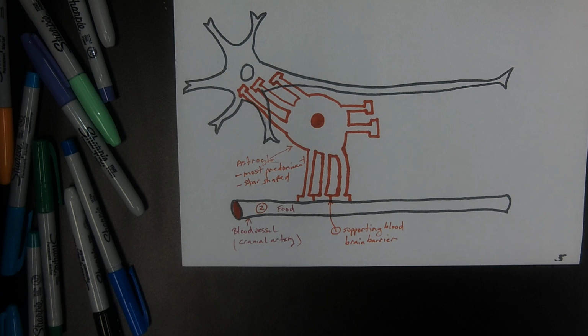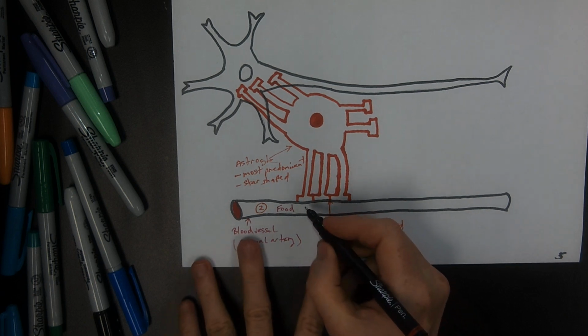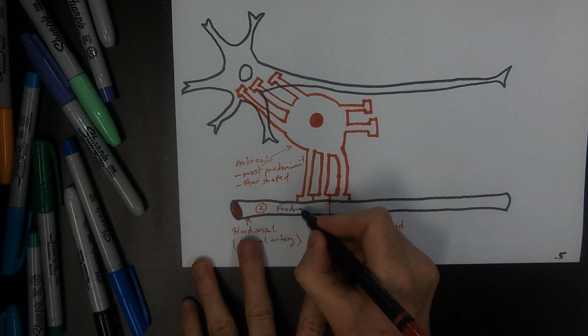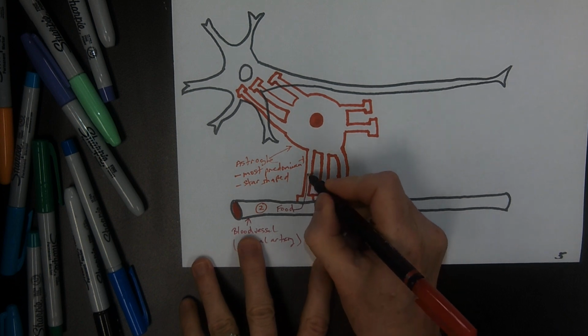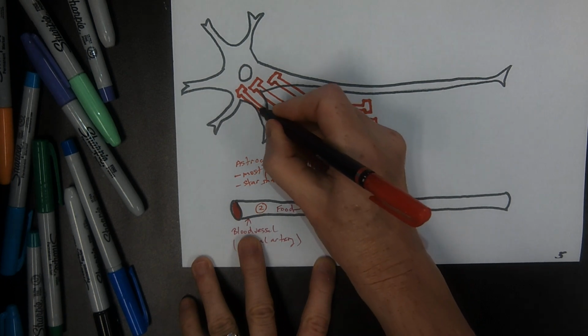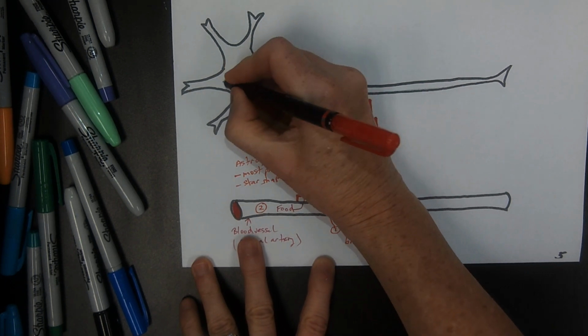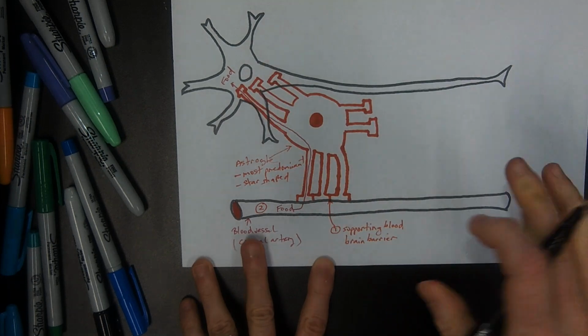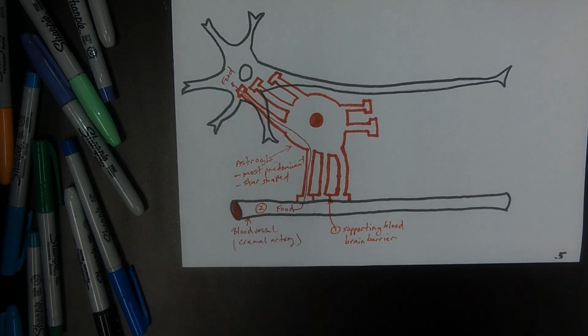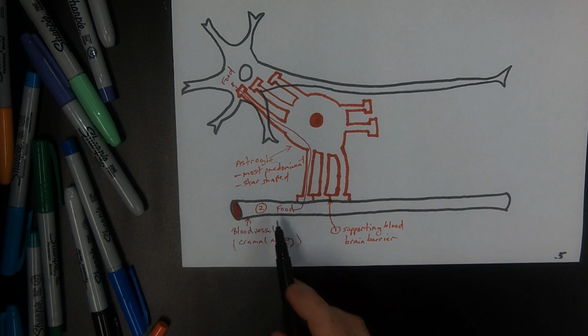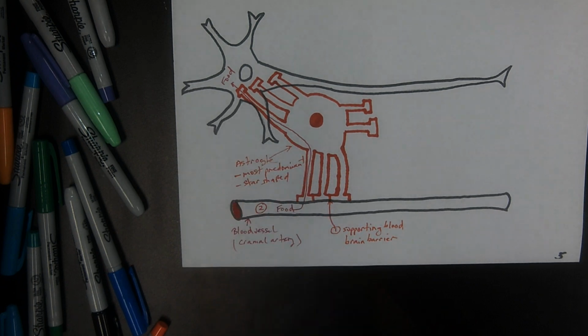One function of your astrocyte is going to be to take up food source and relay it to the neuron. So in food here, you can think of glucose, your predominant food. So first, it's going to help support blood-brain barrier. Second, the astrocyte's going to help nourish the neurons by taking up food from the blood vessel.